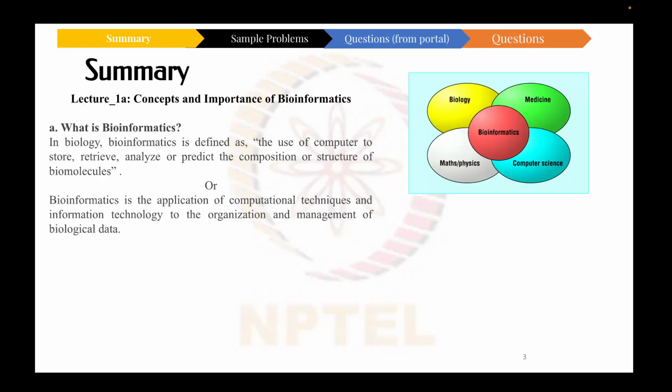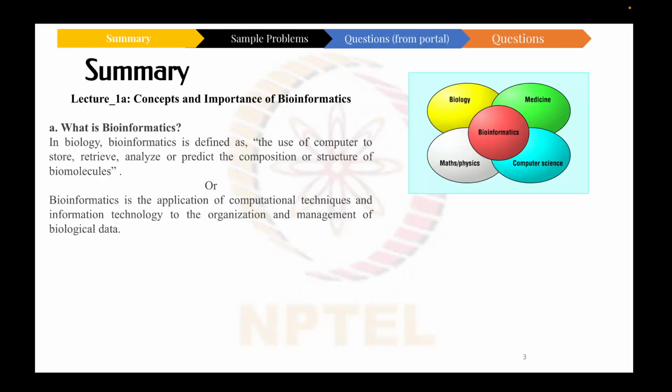Biological knowledge is important for development of computational methods and algorithms for the analysis and interpretation of biological data. Next, medicine plays a crucial role in bioinformatics by integrating genetic and molecular information into clinical research and practice. Bioinformatics in medicine involves applications such as personalized medicine, pharmacogenomics, and the analysis of disease-related genetic variations.